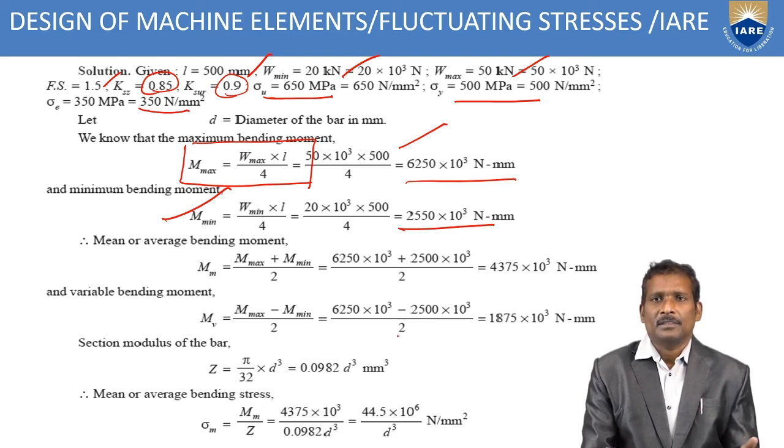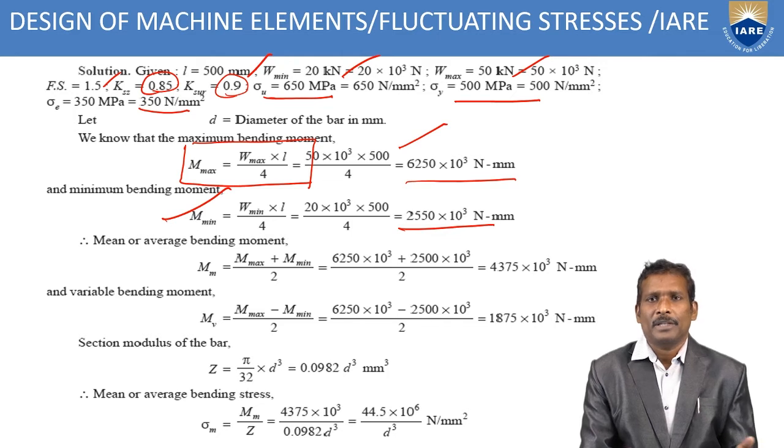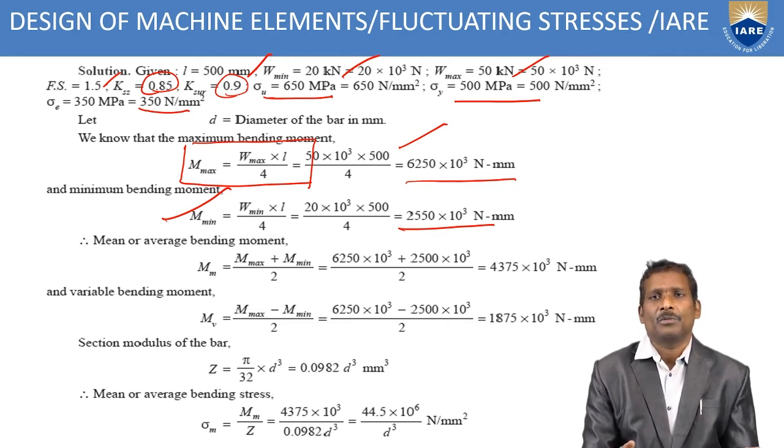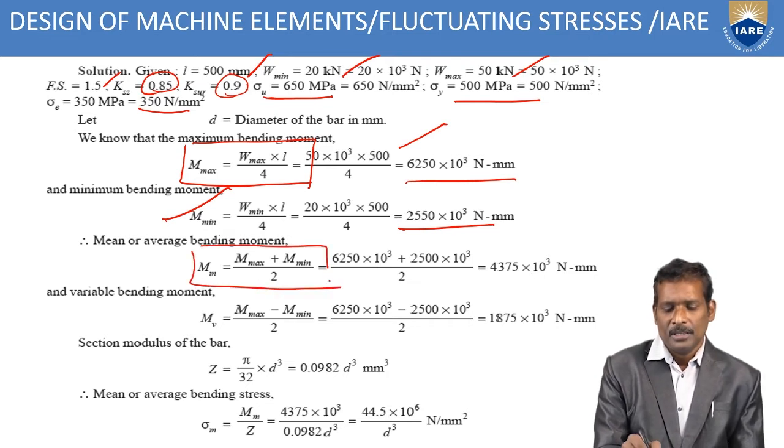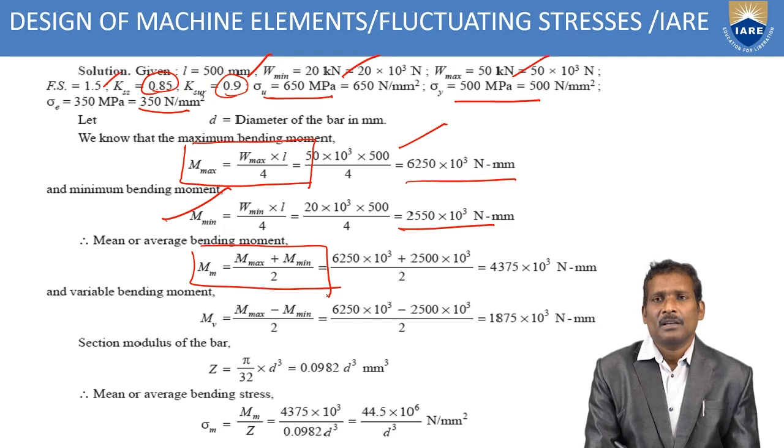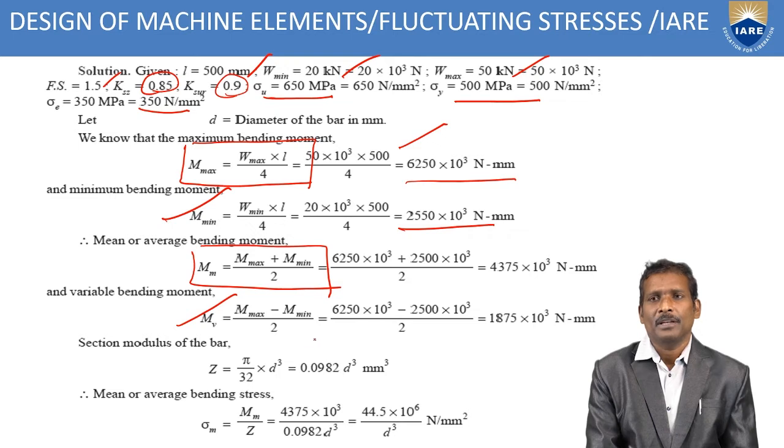Then with the maximum and minimum bending moments, immediately calculate the mean bending moment, or average bending moment, using M max plus M minimum by 2. Similarly, calculate the variable bending moment using M max minus M minimum by 2.